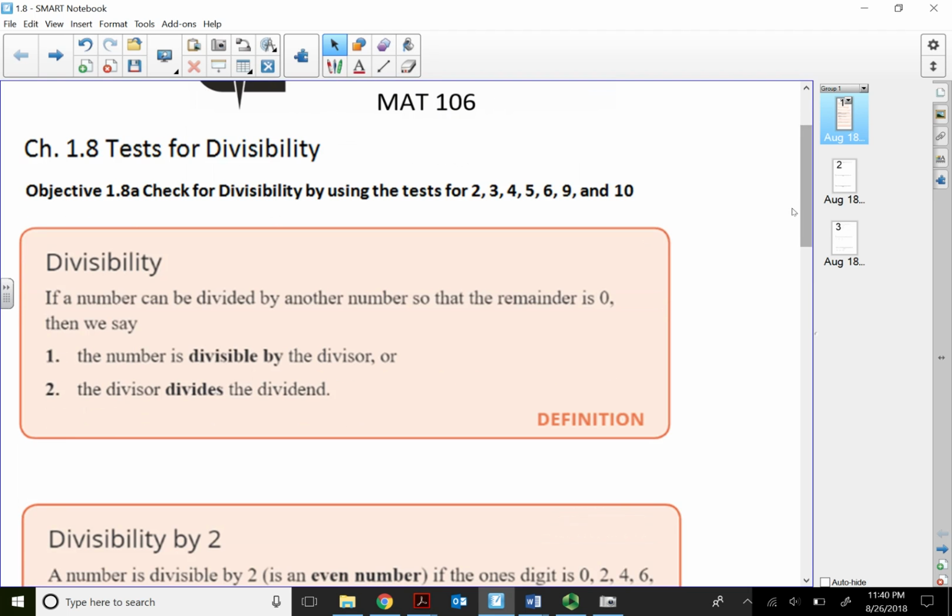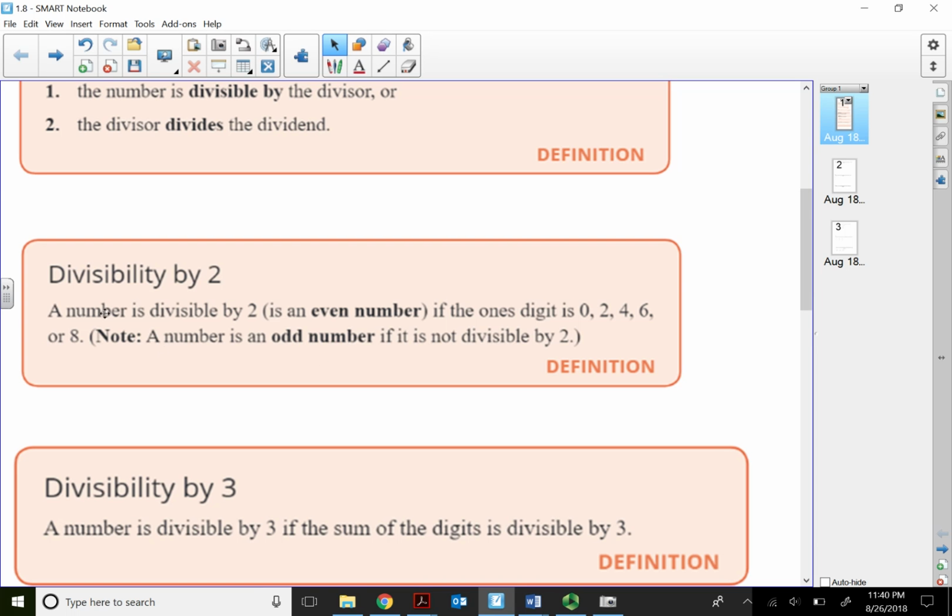So learning your multiplication table is very important. In addition, we can also learn a couple of rules about divisibility. It helps us out with dealing with bigger numbers that are not on the multiplication table.